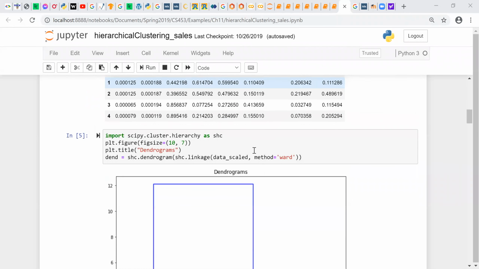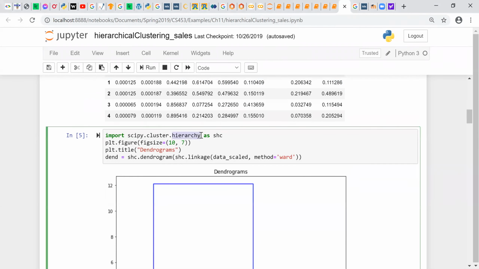Okay, the data is normalized, and what we first try to do is hierarchical clustering, and we are going to draw the dendrogram. This hierarchy model, you can also call it linkage.